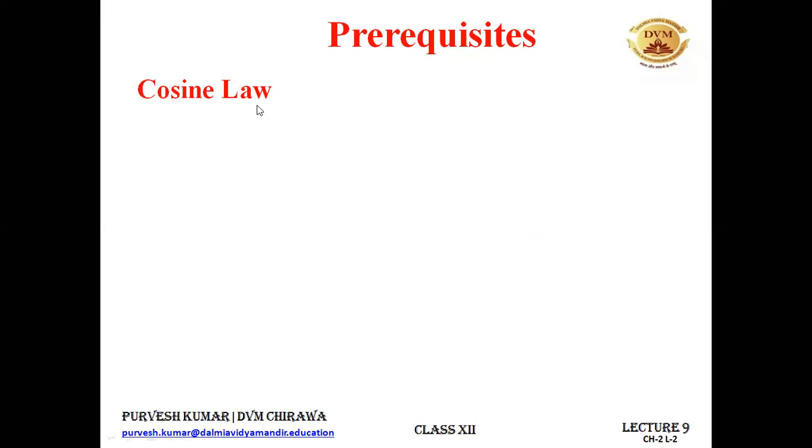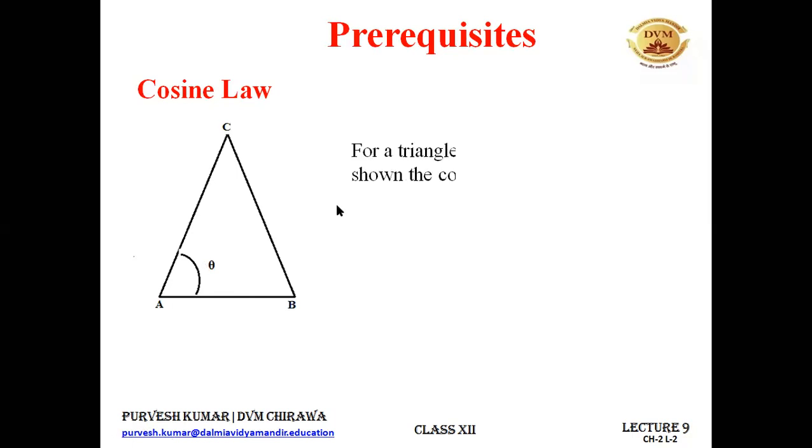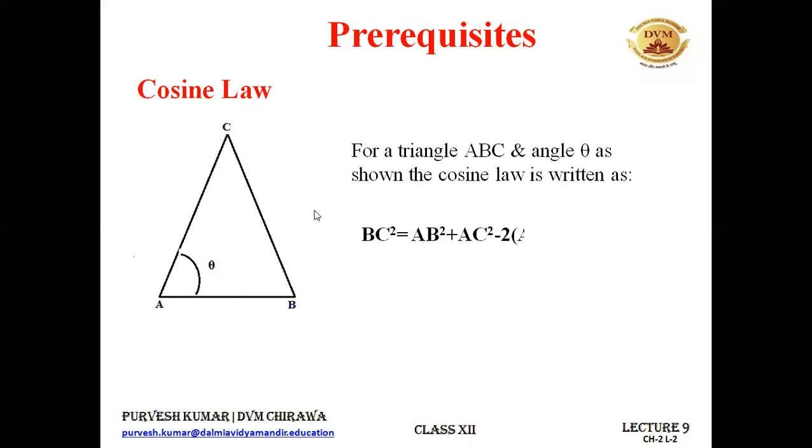It's a very simple law actually for triangles. For any triangle, ABC is a triangle, if you know the sides AB, BC and CA, you can write the cosine law like this. So this is a triangle that is given to us. And if I need to write the cosine law for this triangle, provided I am aware of this angle theta between sides AB and AC, I can write it like this.